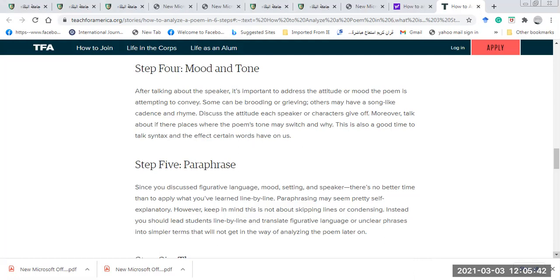After understanding the speaker and the mood and the tone, you have to start with paraphrasing. Paraphrasing is to restate the main things mentioned in the poem, but in your own words, using your own style.